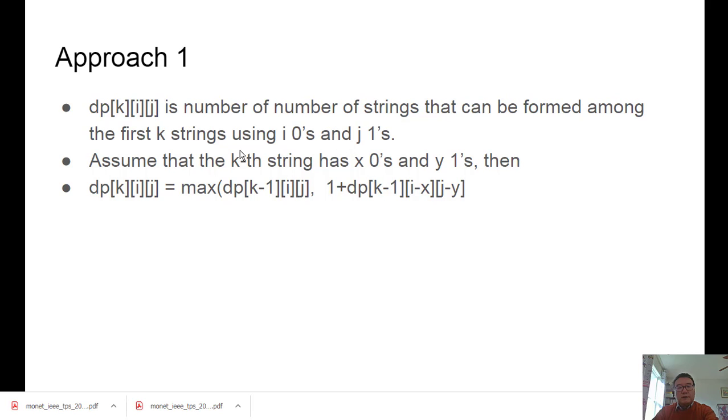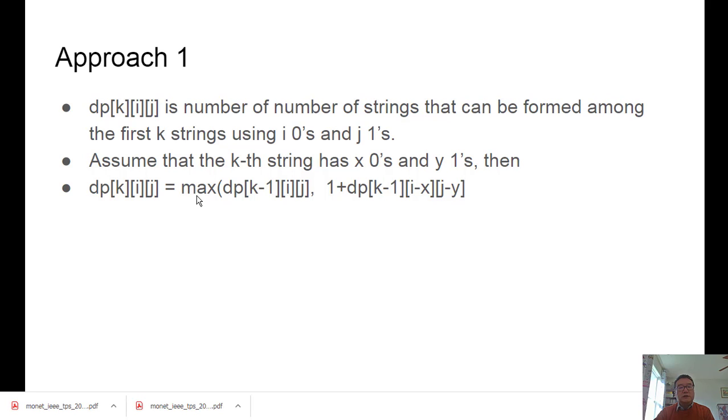Then the recursive relation is: we start from no strings, where everything is 0, and then we look at each string, the k-th string. If it has x zeros and y ones, then for dp[k][i][j] there will be 2 cases.